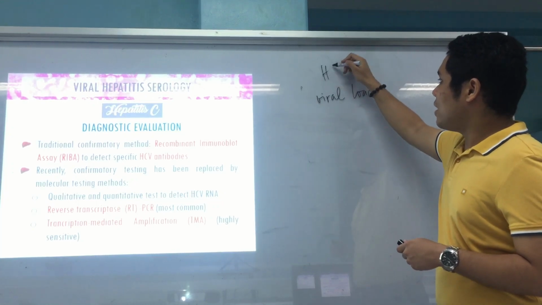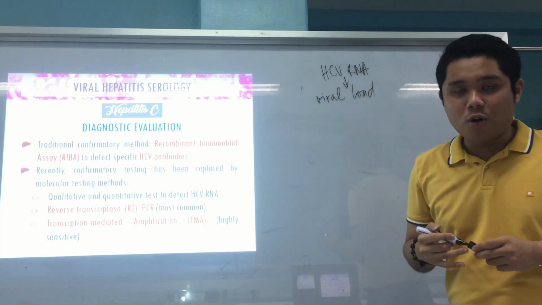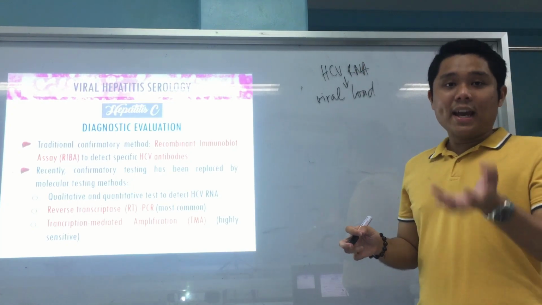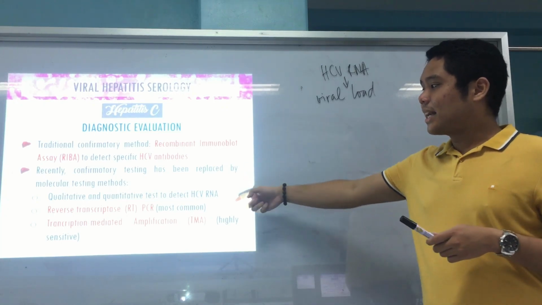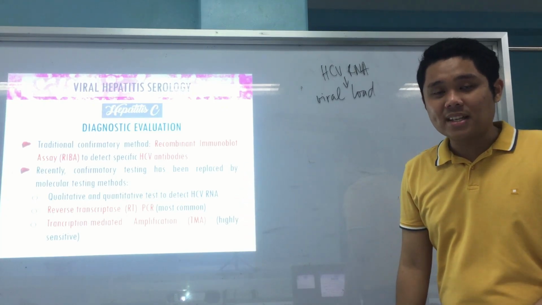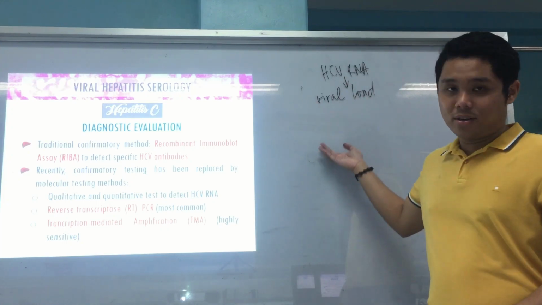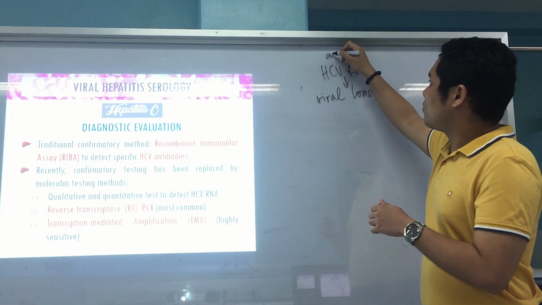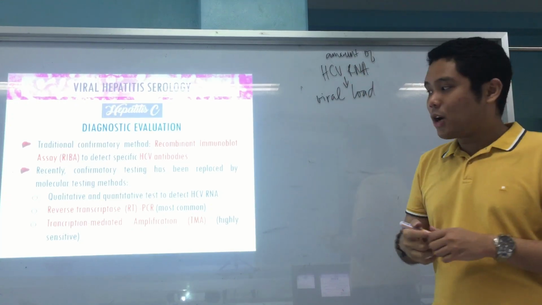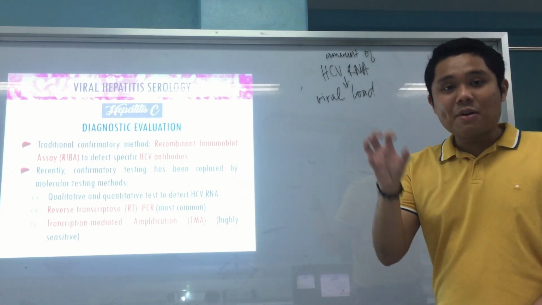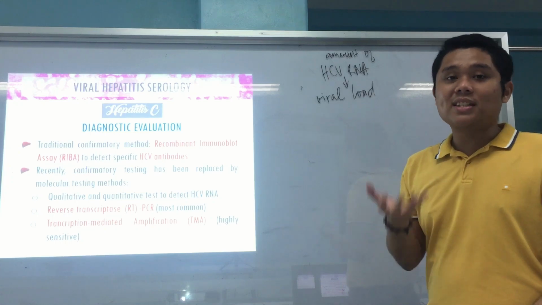So we detect HCV RNA through quantitative PCR to detect viral load or the amount of your viruses in your system. Because again, the amount of HCV RNA detected using quantitative RT-PCR is now equivalent to the viral load, meaning again, the amount of viruses in the system.